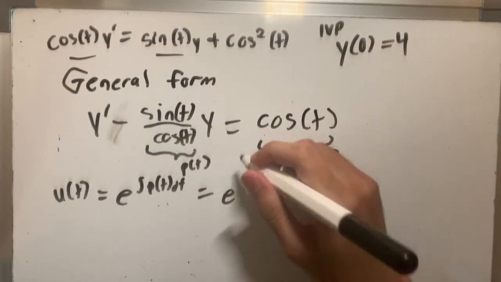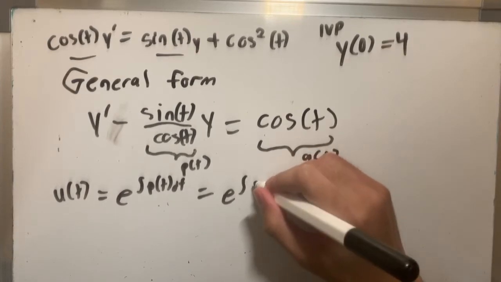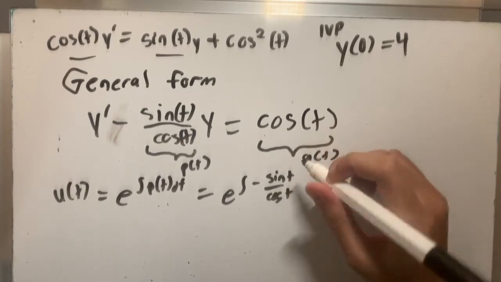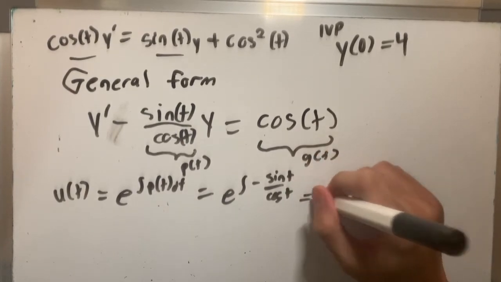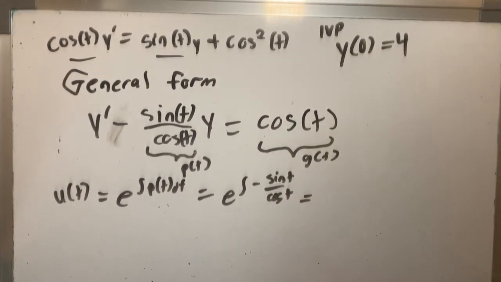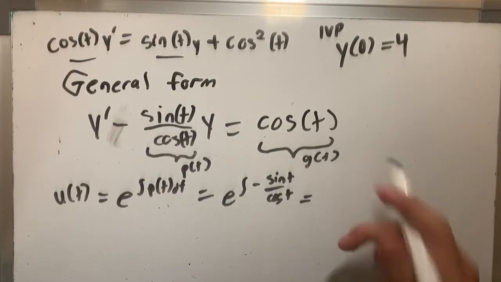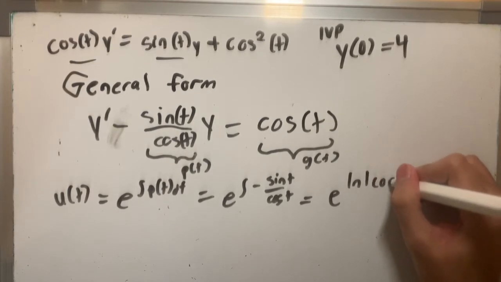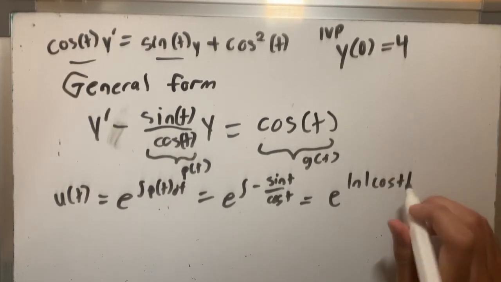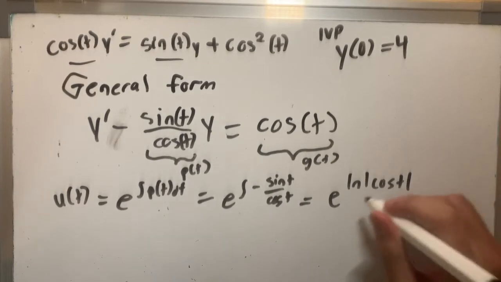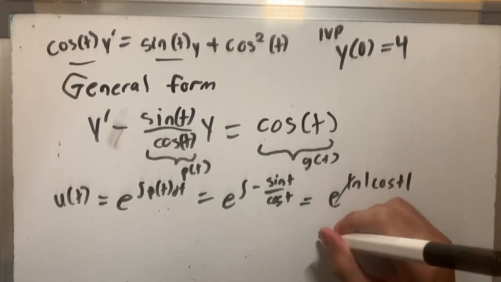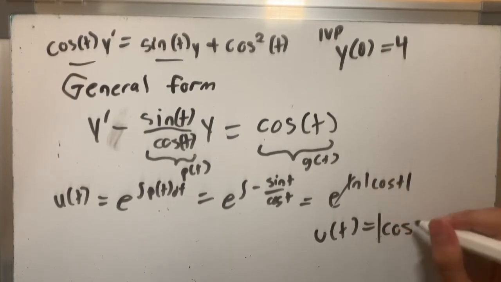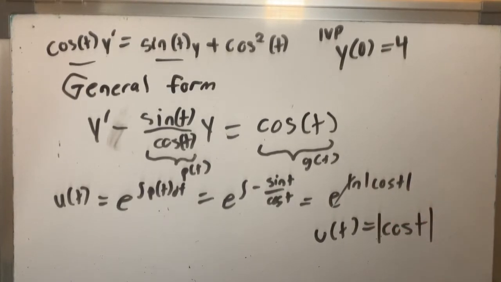So it will be equal to e to the integral of negative sine t over cos t, don't forget the t's. The integral of negative sine over cos is actually equal to ln of the absolute value of cos t, plus c, but we don't need that. So the ln and e cancel out, therefore the integrating factor is equal to the absolute value of cos t.